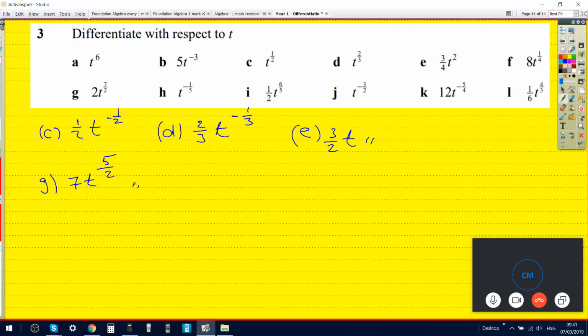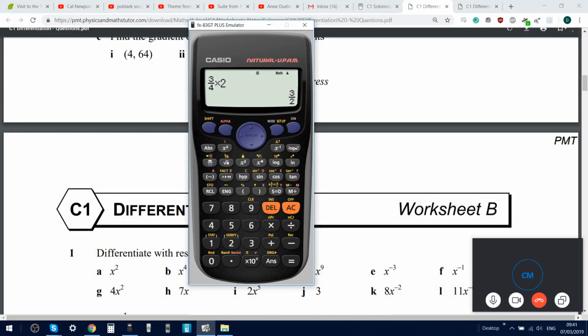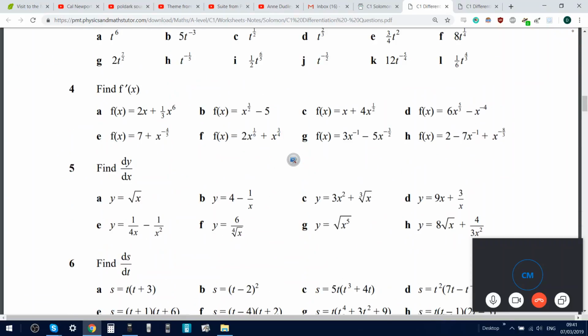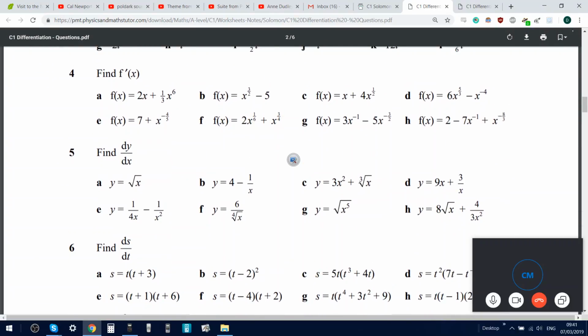That's it. So absolutely nothing wrong with using your calculator for these. And they make them a bit more complicated, but the same idea. Let me just check.